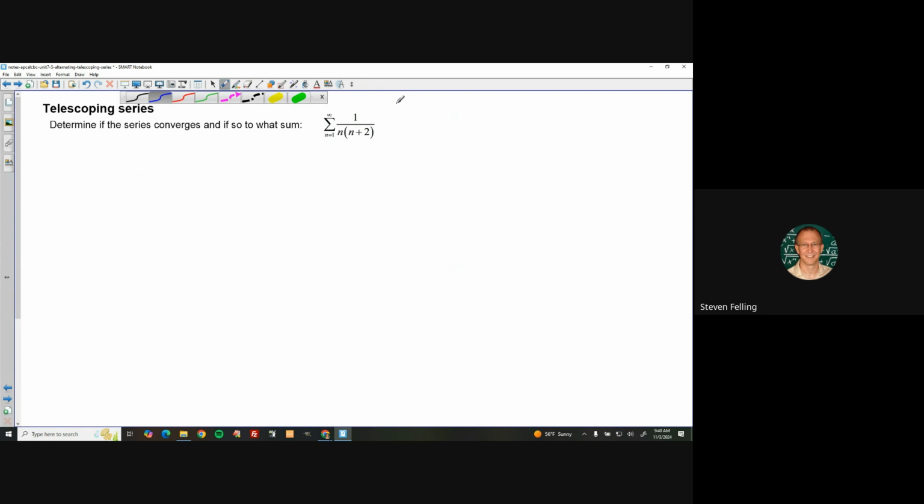Imagine that we wanted to say 1 over n times n plus 2 is equal to some currently unknown a over n plus b over n plus 2. We do our partial fraction procedure. We get a common denominator, so we multiply the first by n plus 2 and the second by n. So we get a times n plus 2 plus b times n equals the numerator, because now everything's over the same denominator, so I can ignore that.